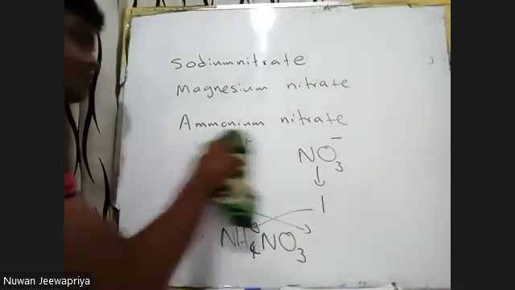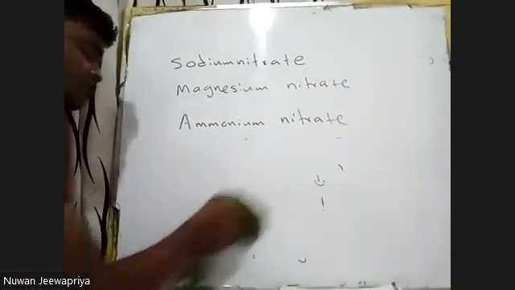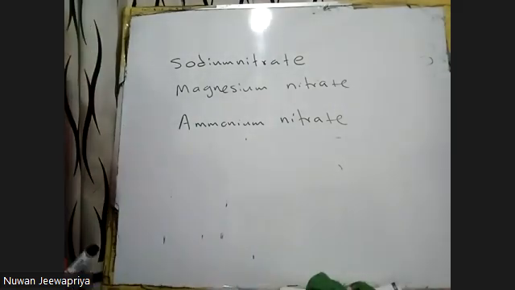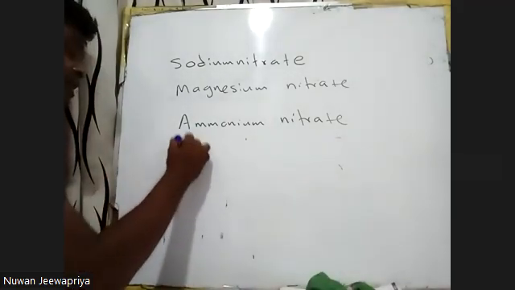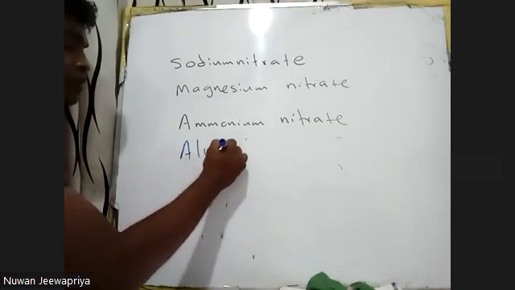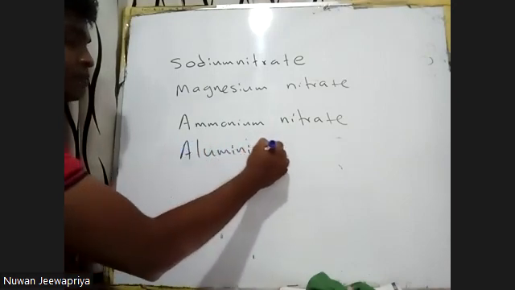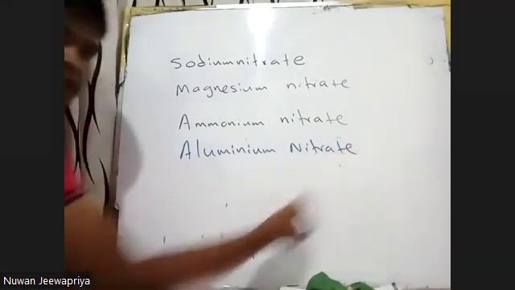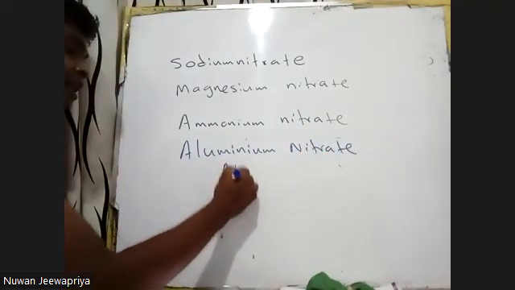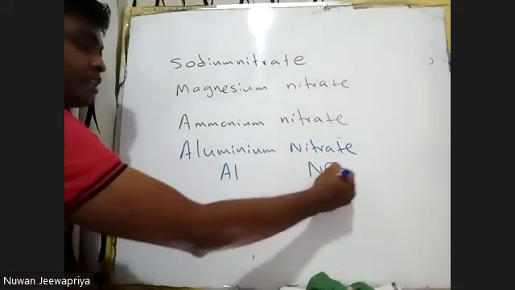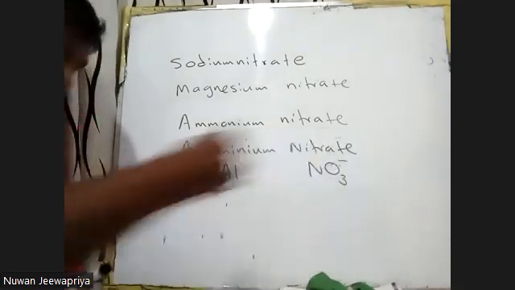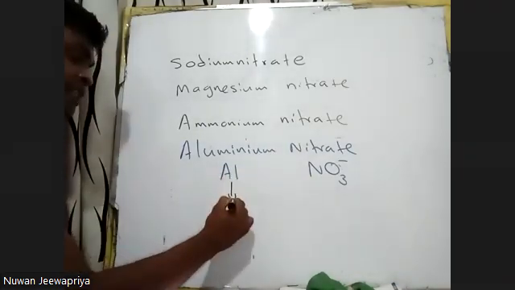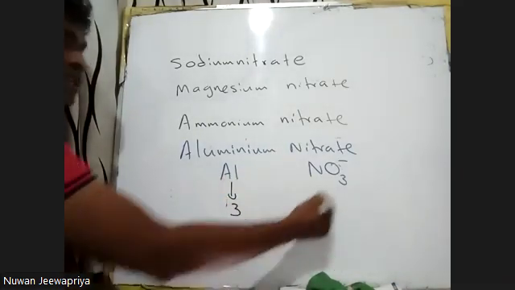Right. I got another one. So we go to aluminium nitrate, my fourth example, children. Aluminium is Al. Nitrate is NO3 minus. Aluminium's valency is 3.